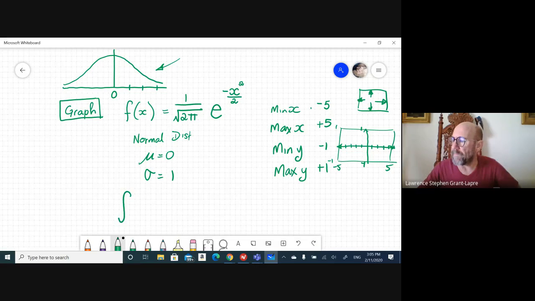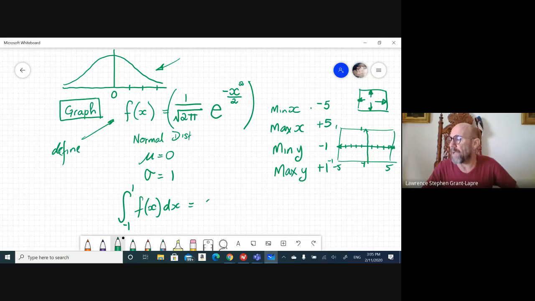So if we were to integrate this formula from -1 to 1, if you were to define that function in the main menu and integrate it, you will get about 0.68. That's something you can do in your own time.